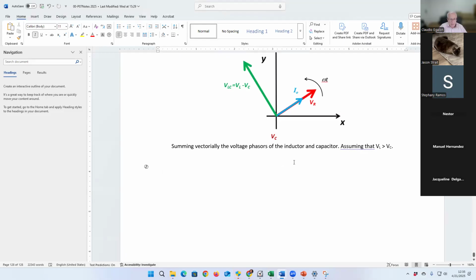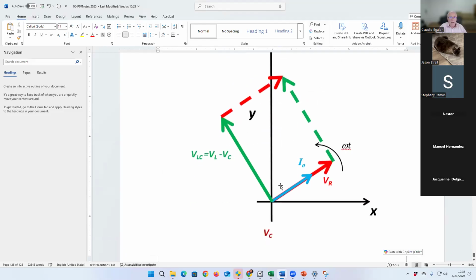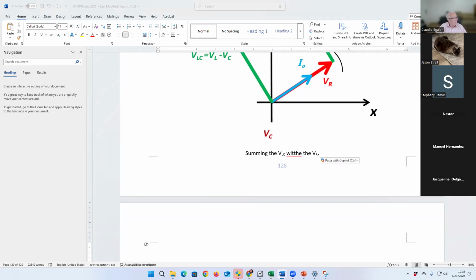Okay, here you go. That's the next diagram that you have to worry about. RLC, VL minus VC and VR. Summing VLC with VR, we get something like that.